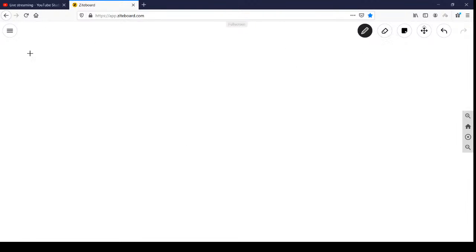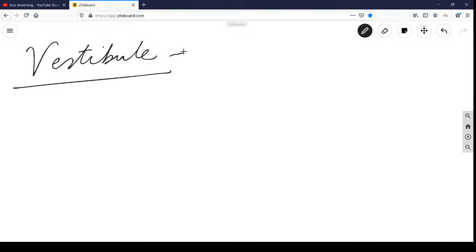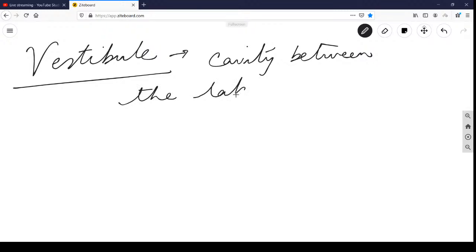So the vestibule is the cavity between the labia minora. Now it is mostly occupied by the opening of the vagina, known as the vaginal introitus.